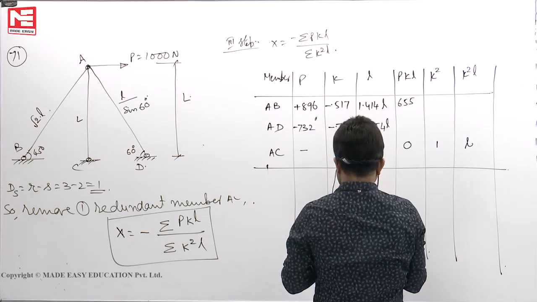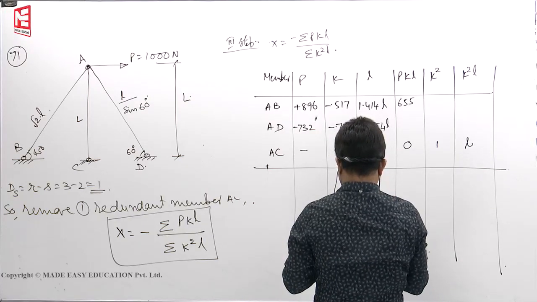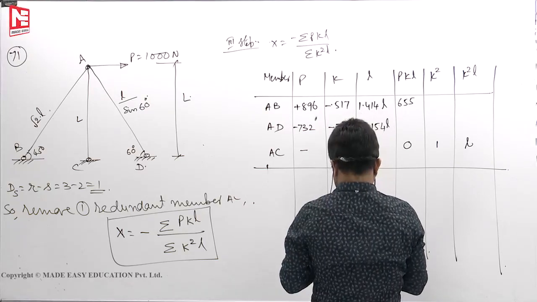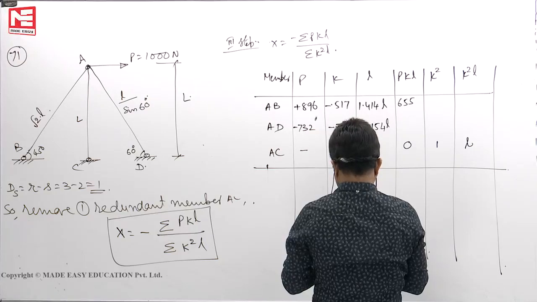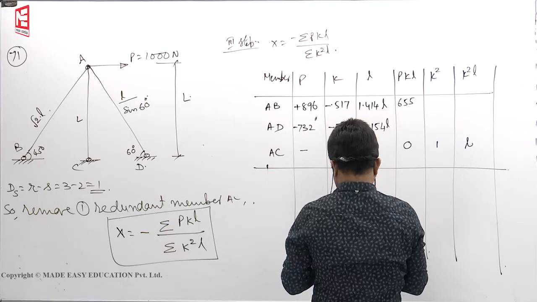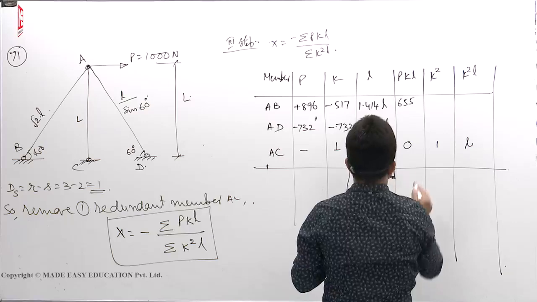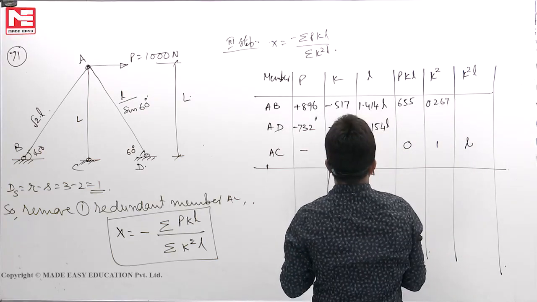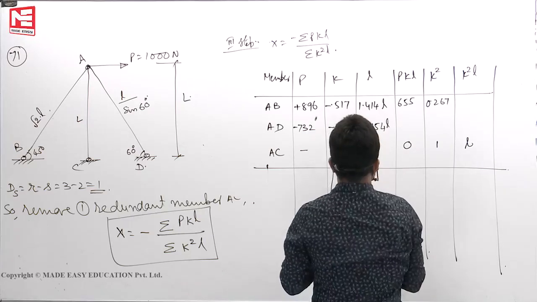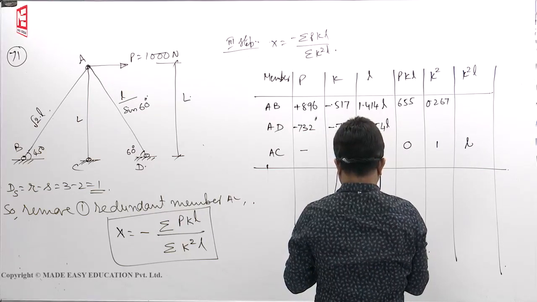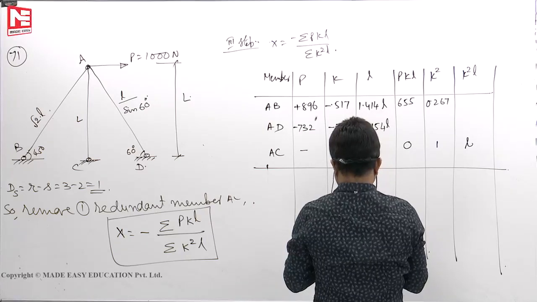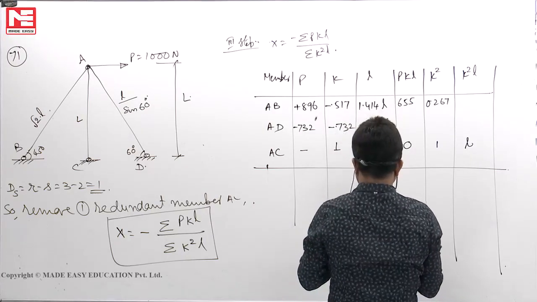K square means 0.517. You will get 0.267. K square L, so 0.267 into length 1.414, 0.378.